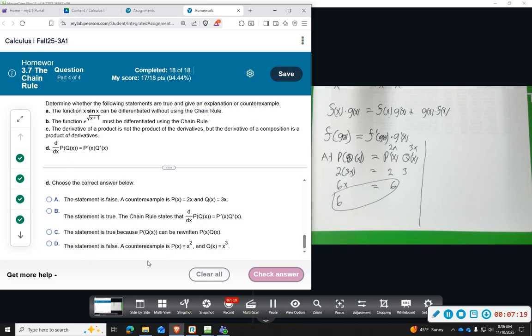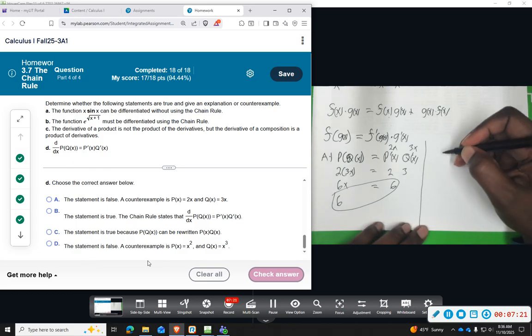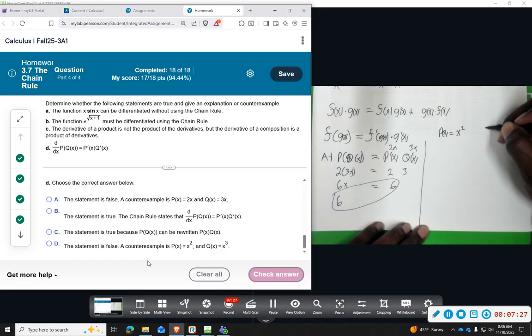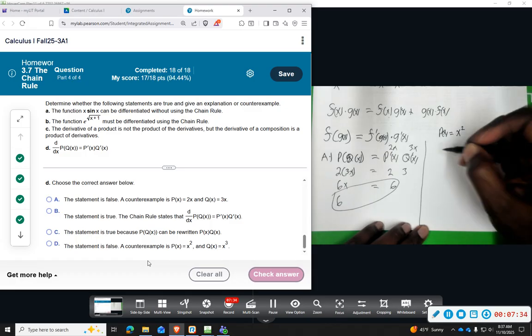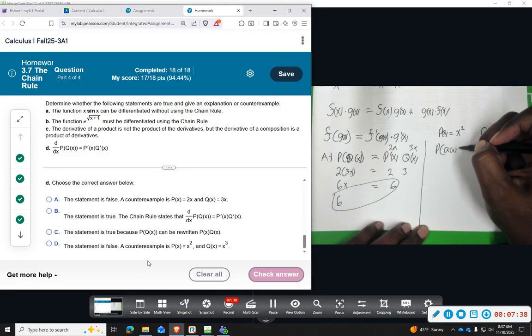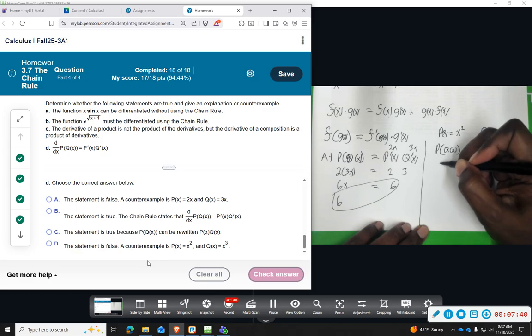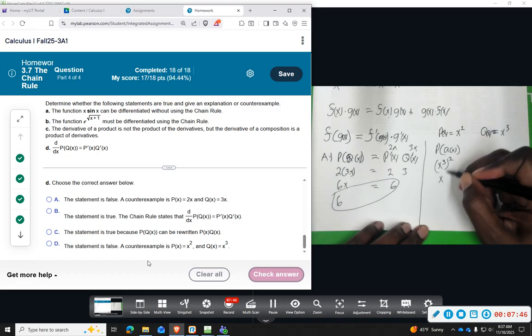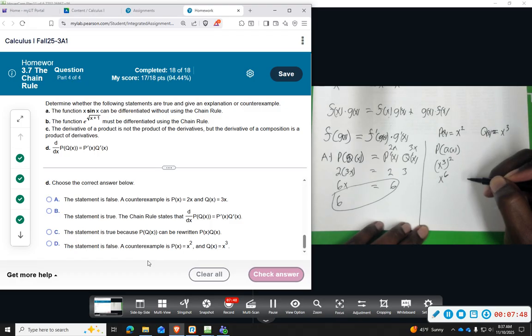D, statement is false. So let's look at D. If we look at P of x equals x squared, and Q of x is equal to x to the third, P of Q of x would be x to the third plugged into the x squared, which will give us power to a power you multiply, x to the 6th.